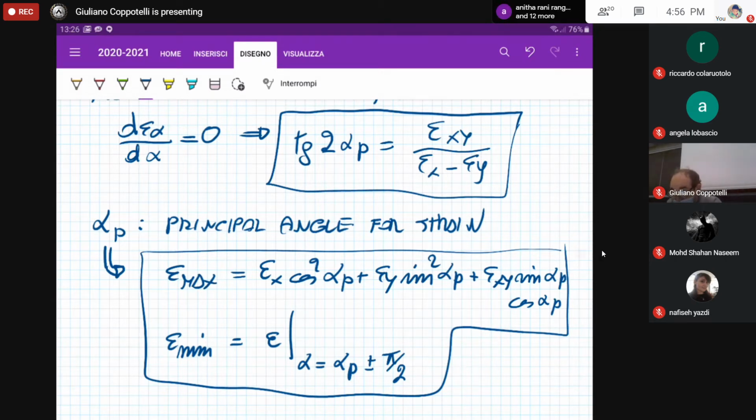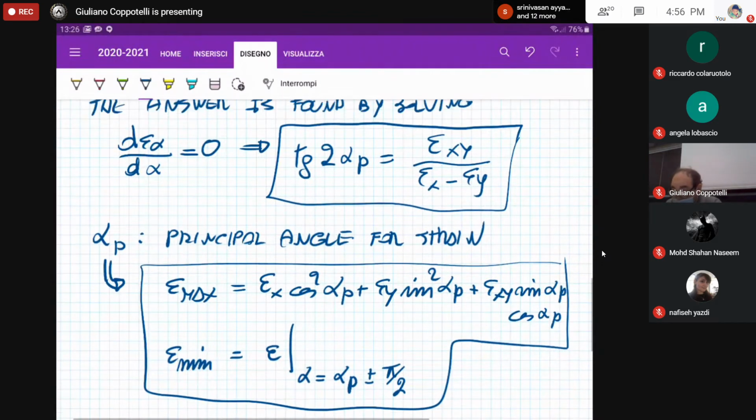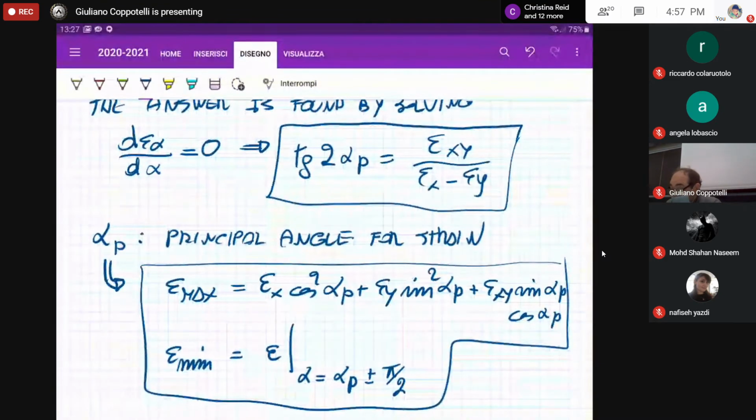It means that when we are at that angle, remember, the strain is a tensor, so it depends not only on the position in which you are taking the measurement, in which you are evaluating the strain, but also on the direction in which you are looking at the strain in that point. Okay, so if you look from a specific direction, this alpha p, this principal angle, we found out that the strain is maximum, the normal strain epsilon alpha, because it's the one that is measured by the strain gauge, is maximum, and the corresponding shear strain is 0.